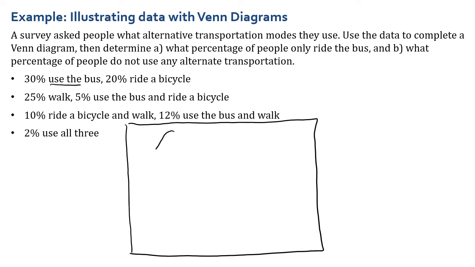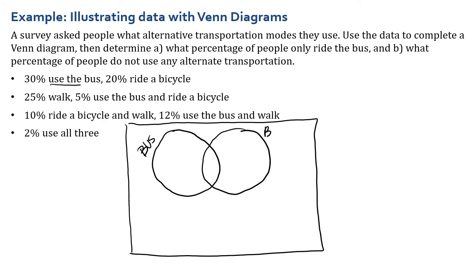So let's organize this. We're going to have 3 different sets. We've got the bike, the bus, and the walk. So again, I always start in the middle. So 2% use all 3. So in the overlapping of all 3 circles is where that 2% comes from. 10% ride a bike and walk.